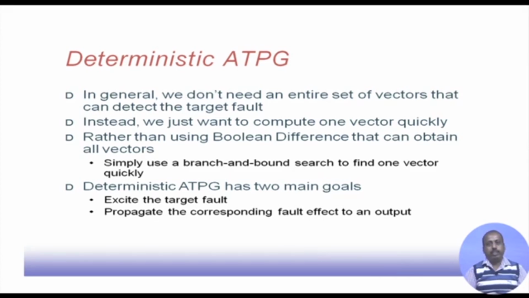Any fault generation algorithm you look into basically does this. Somehow they need to excite the fault, so we have to put the opposite of the stuck value at that point. That is the fault excitation, and we need to propagate the faulty response of that point to some primary output. So, these are the two things to be done by any ATPG algorithm.